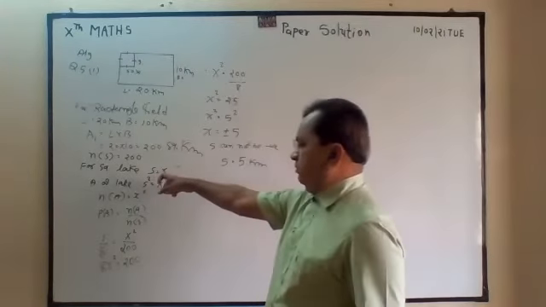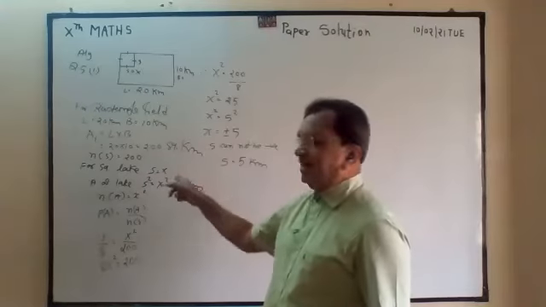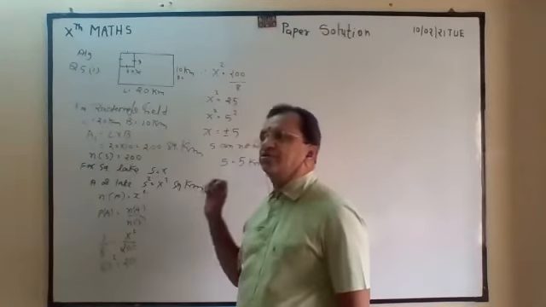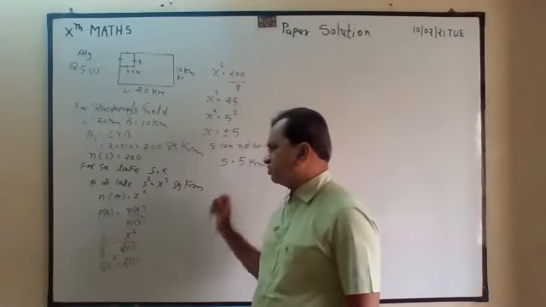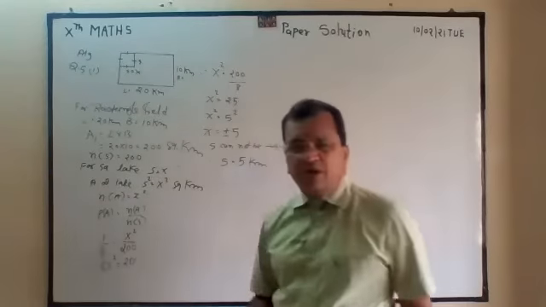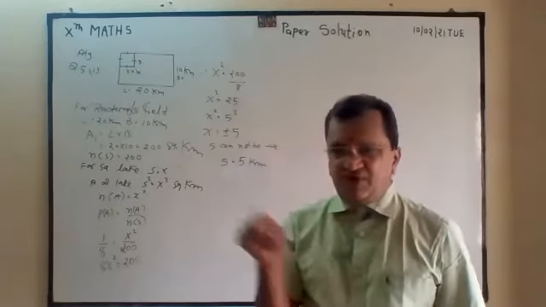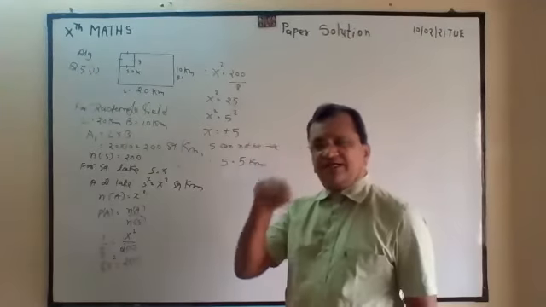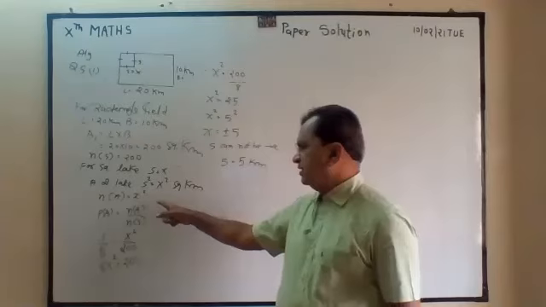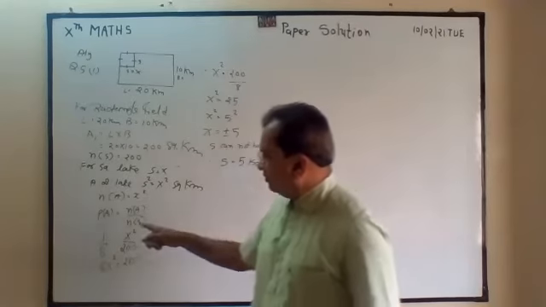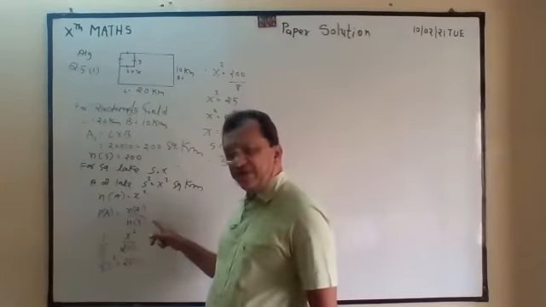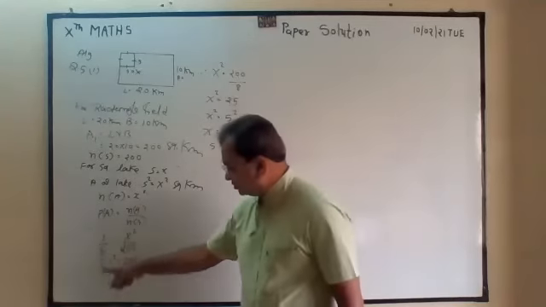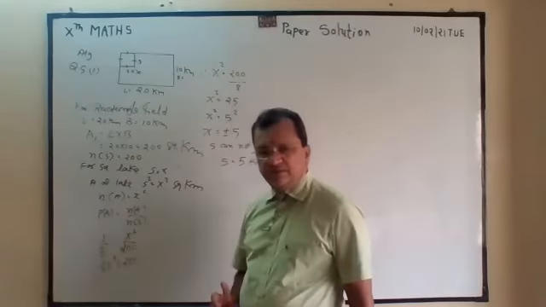So for this square lake, side is equal to x kilometer. So the area is equal to side square is equal to x square kilometer. So number of A means from full S, we have selected one part, that is number of A, that is x square. But probability of A is number of A divided by number of S. Probability of A is given 1 by 8. Then cross product, 8x square is equal to 200.